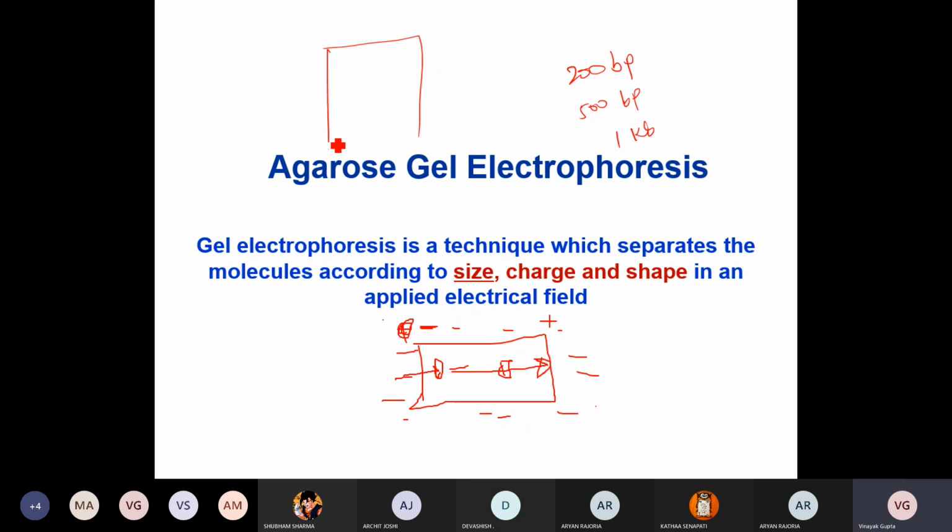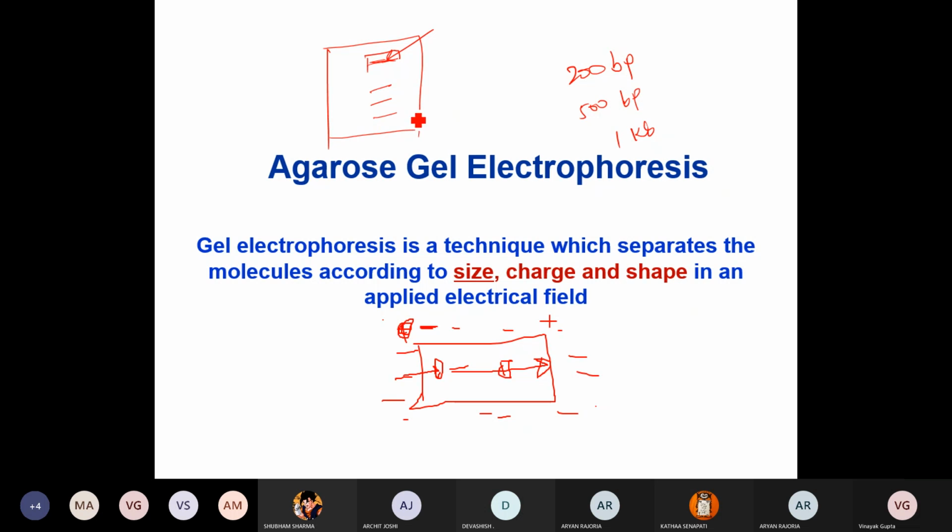If I do this agarose gel electrophoresis, let's say I have loaded here, there was a well, and in this well I have loaded this mixture. How many bands should I get here? So 3 bands will be there.